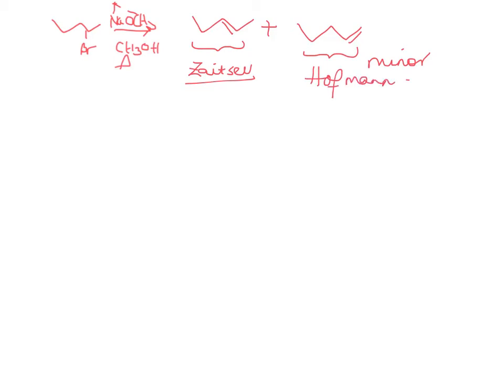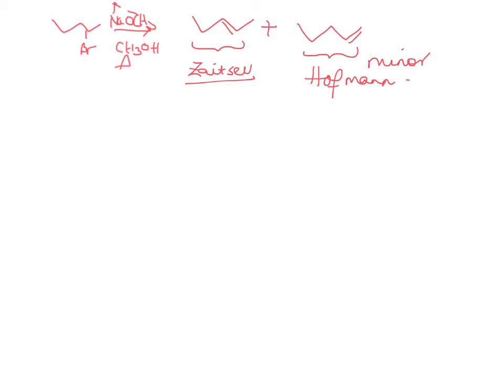Now, realize that sometimes small changes within the reaction can bring about a big change in your product. What do I mean by that? If you use a small base, such as sodium methoxide, an alkoxide, you're going to end up seeing more of the Zaitsev product, less of the Hoffman product.